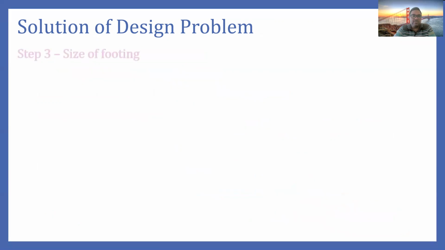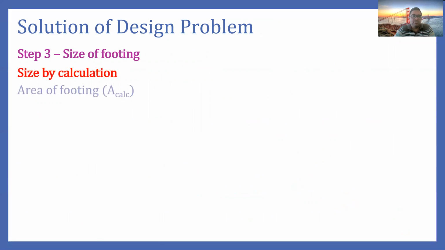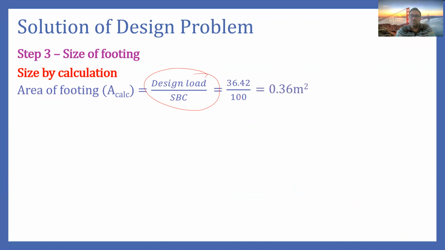Now moving to the next step, in this we will calculate the size of footing by calculation and by stability criteria. First we will calculate by calculation. Area of footing will be given by this formula. Design load is calculated already in the previous step, which is 36.42. SBC is given in the question, which is 100, and this becomes 0.36 meter square.